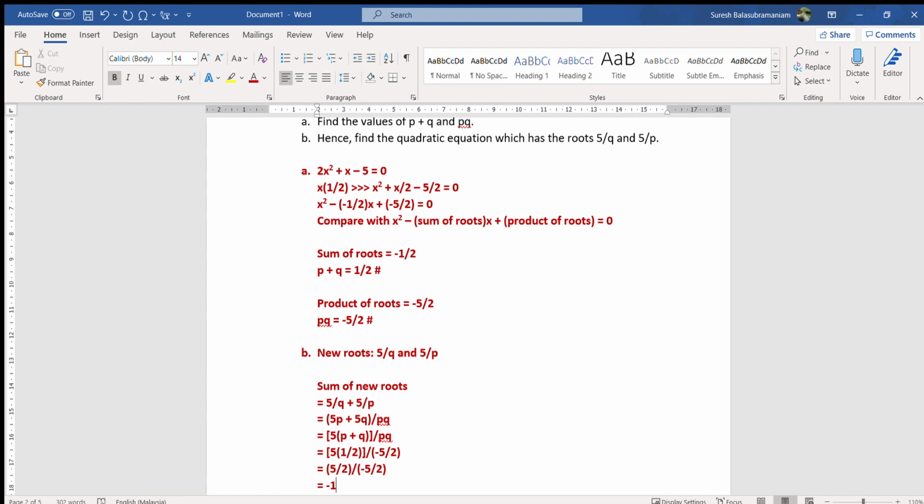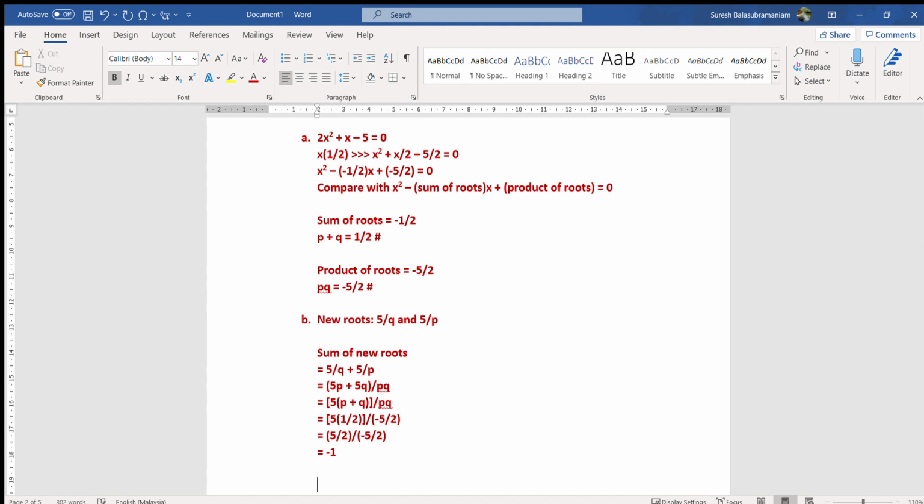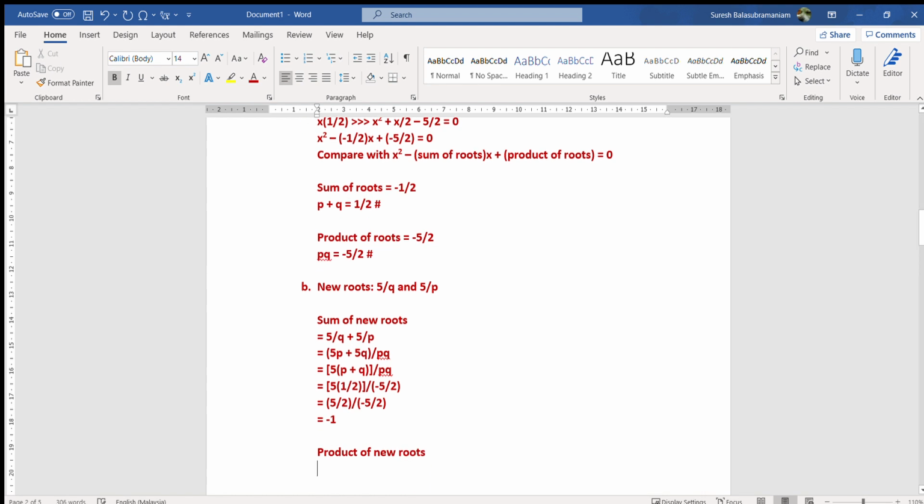Now find the product of new roots. That will be 5 over q multiply 5 over p.